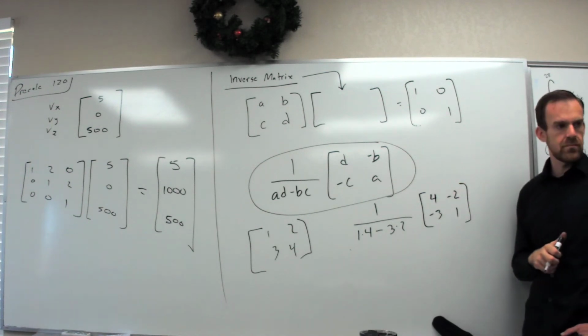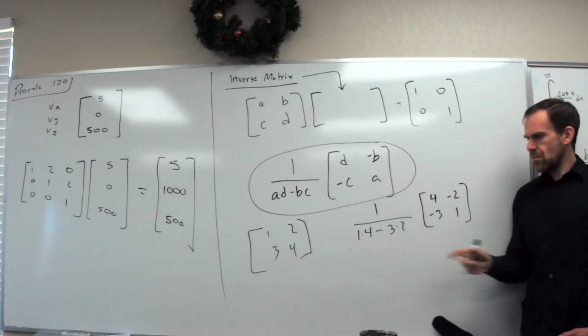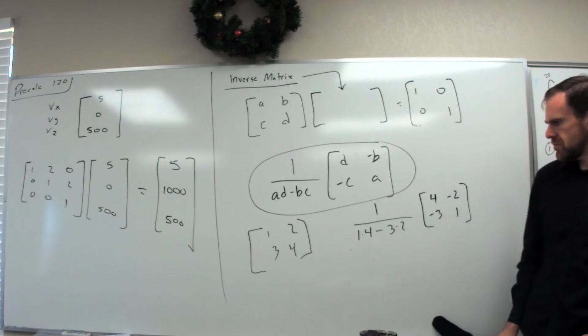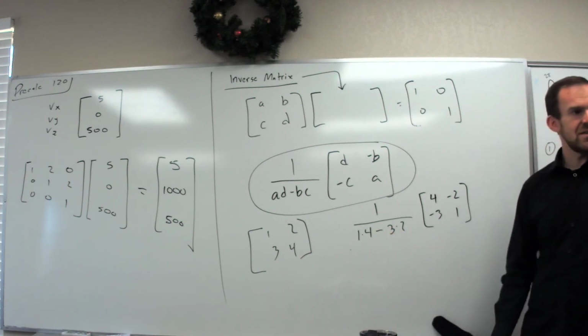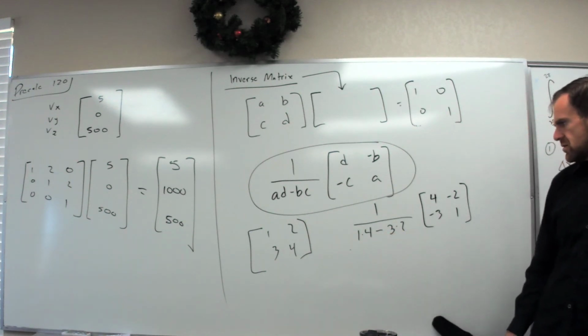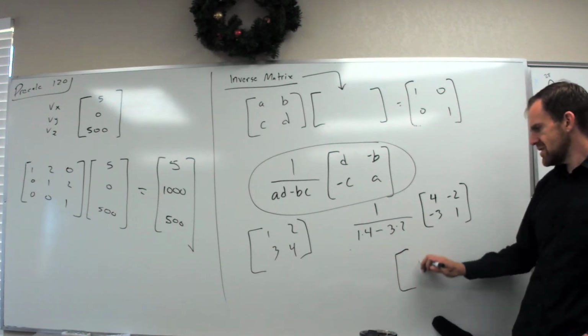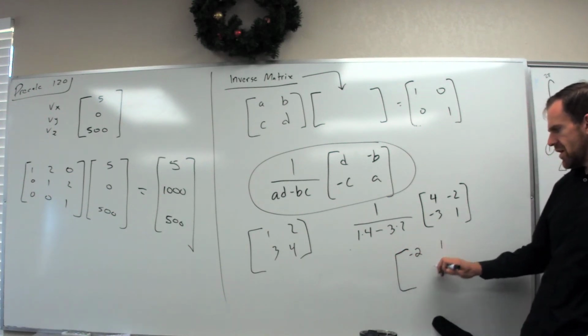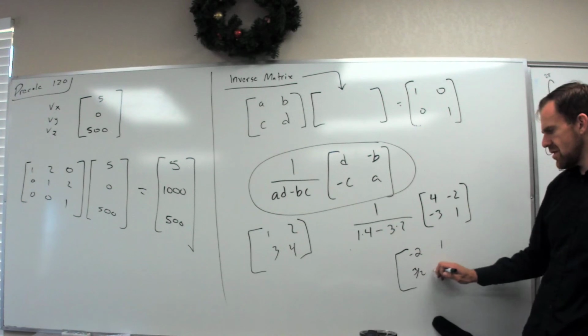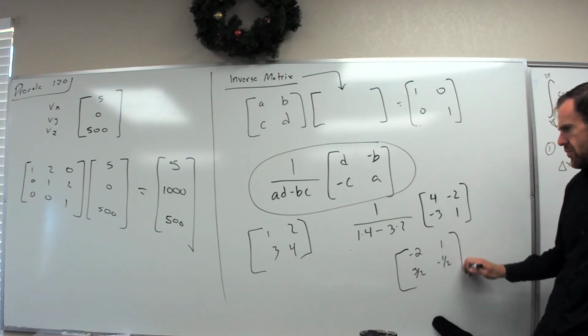And then what do you do? Multiply this. So 4 minus 6 is -2. So my inverse matrix is -2, 1, 3 halves, -1 half.